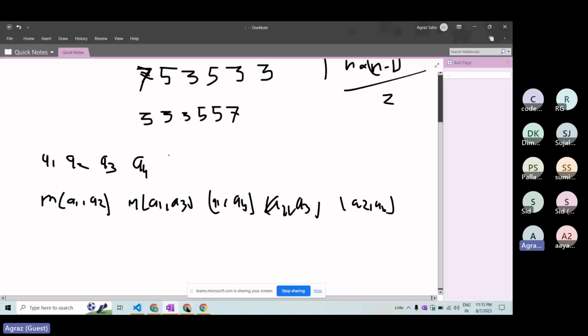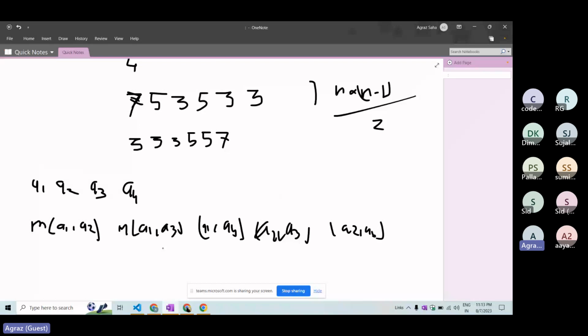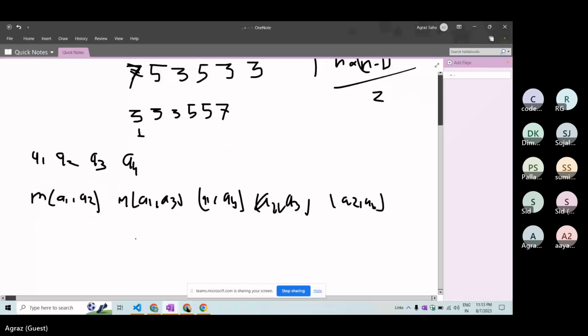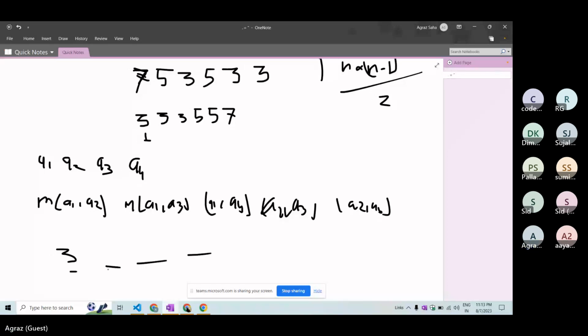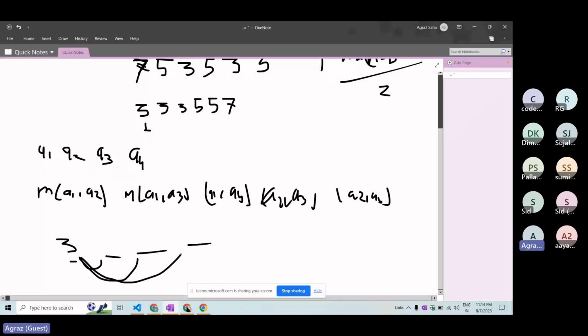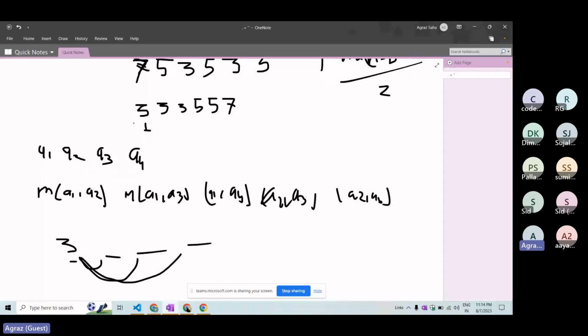Now the first thing is that if I take the first element as my first number, for example, the smallest number here, 3. If this is the smallest number in the whole array, it has to appear thrice. 3 goes with this, 3 with this, and 3 with this. Of course, 3 is the minimum element, and you have seen that 3 has appeared 3 times.